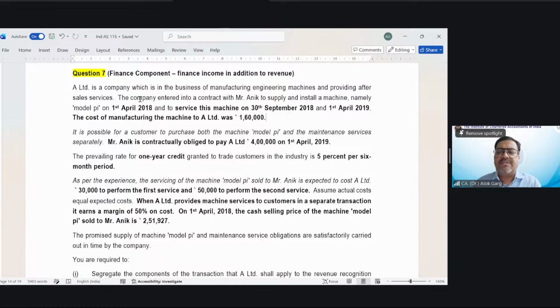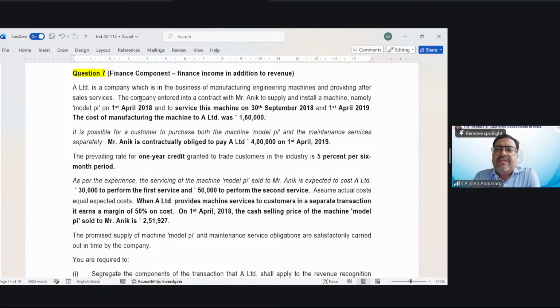Okay, so what information is given in the first paragraph? First, this company is in the business of manufacturing and selling machines, and it is also in the business of after sales services. This company entered into a contract with Mr. Anik, who is a customer, to supply and install a machine, namely Model Pi, on 1st April 18.